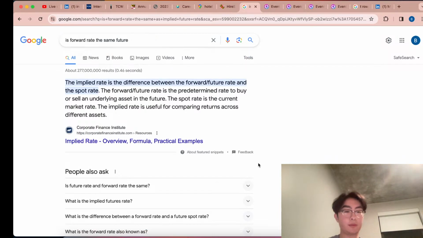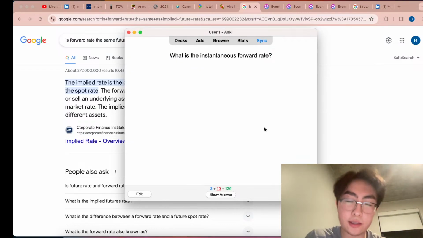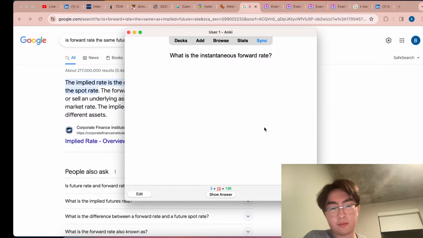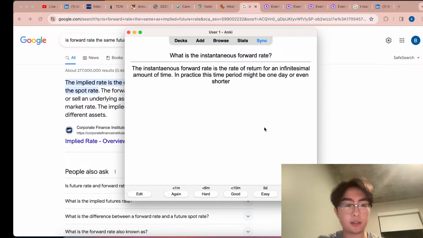Okay, I guess future rate is the same thing. The instantaneous forward rate is going to be the forward rate or future rate that we receive for an investment that matures instantaneously, so super quickly, maybe in a day or so. Rate of return for an infinitesimal amount of time; in practice, this time period might be 1 day or even shorter.